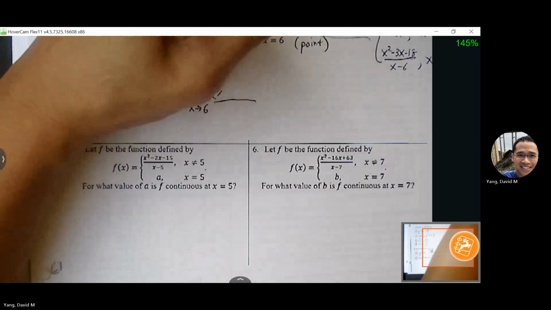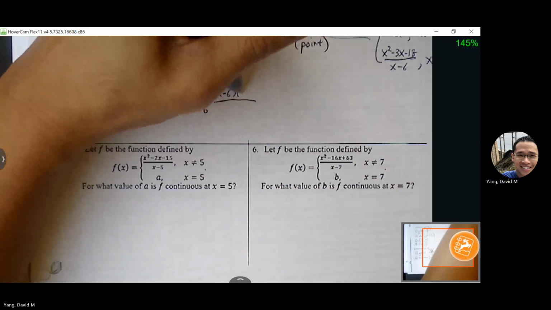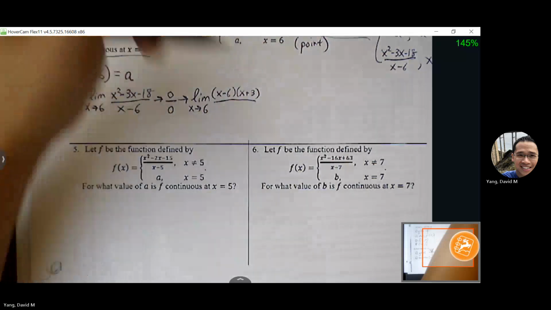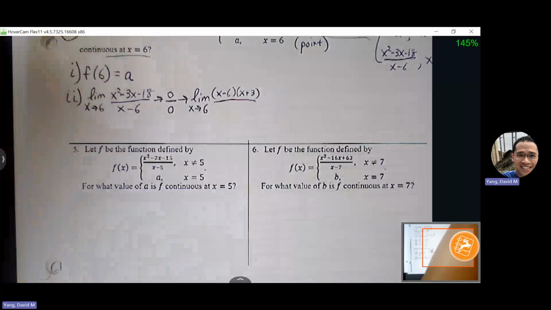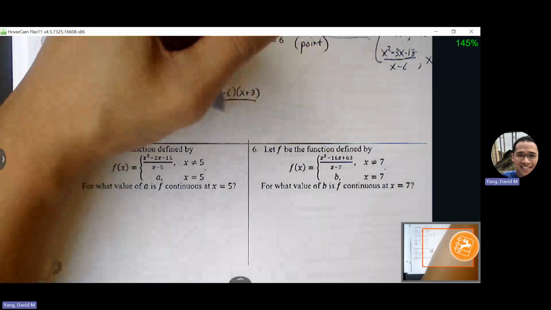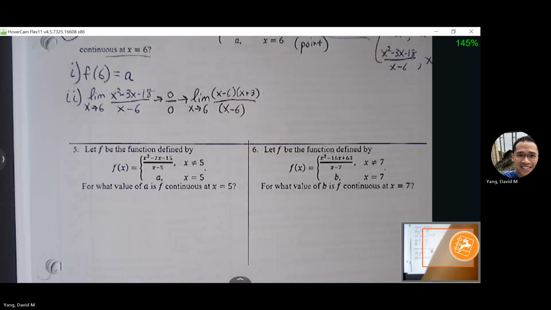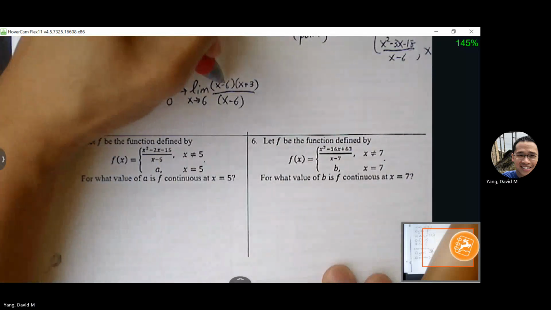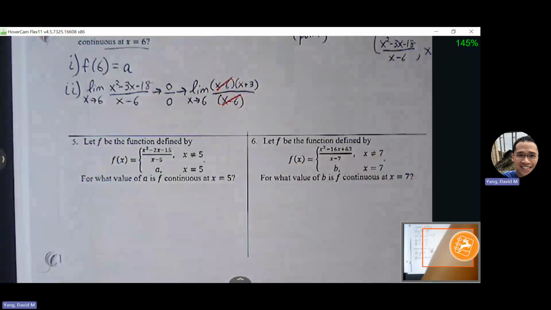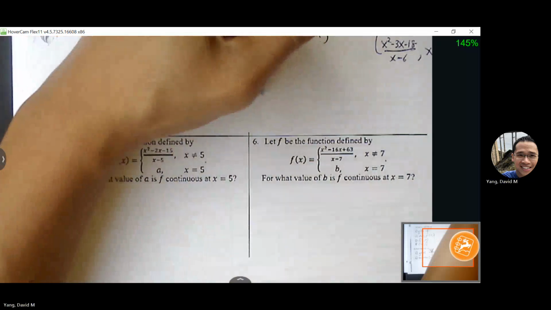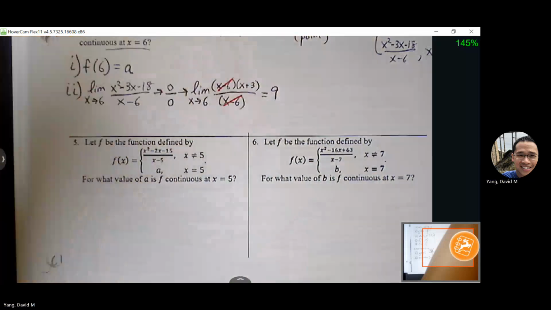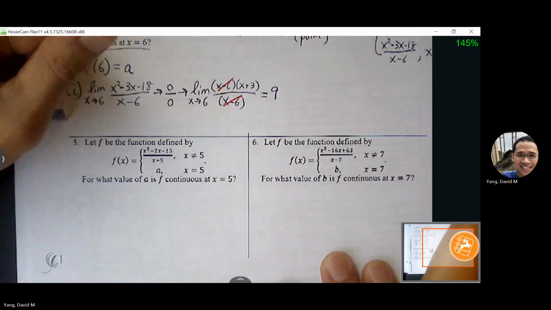Factor. Multiplies to be negative 18, adds to be negative 3. Okay, what happens? Yep. Reevaluate, and we get what? We get 9.